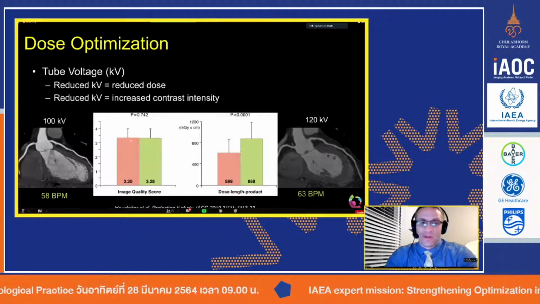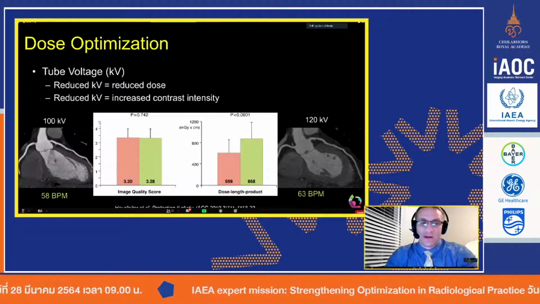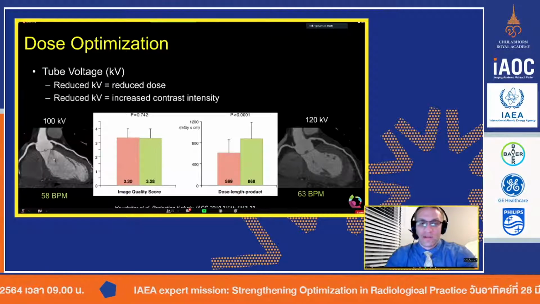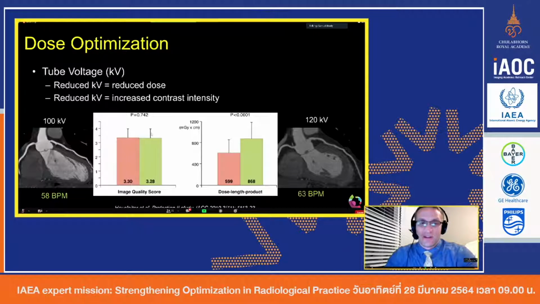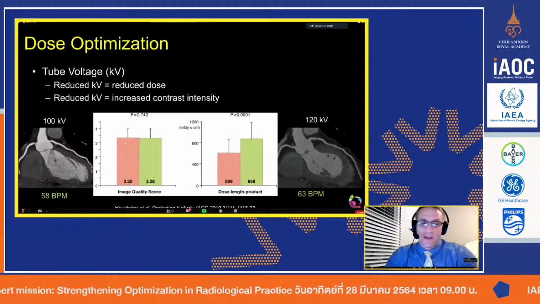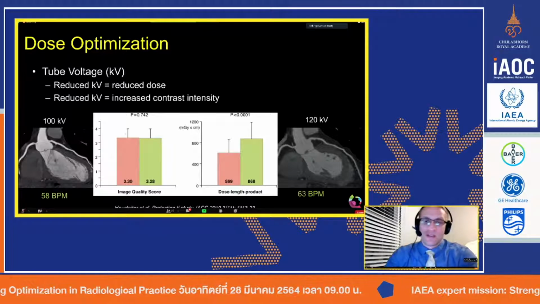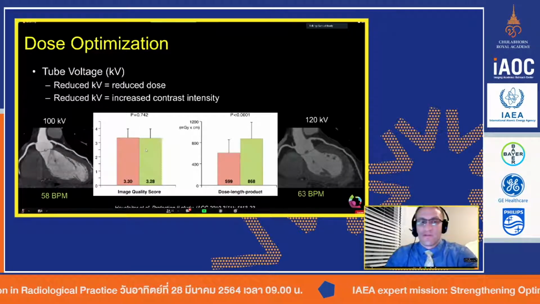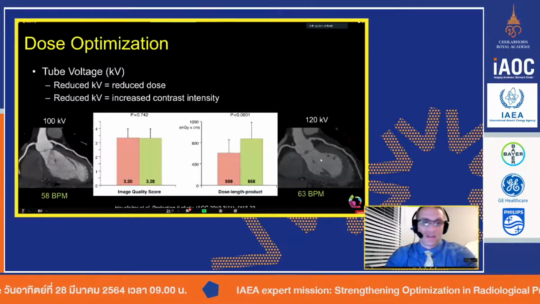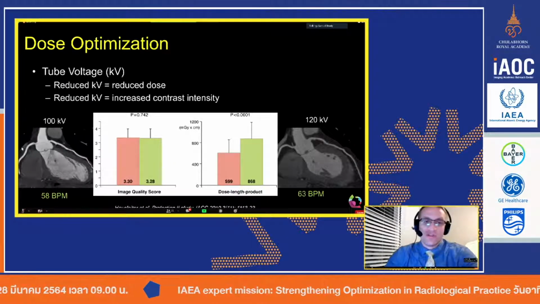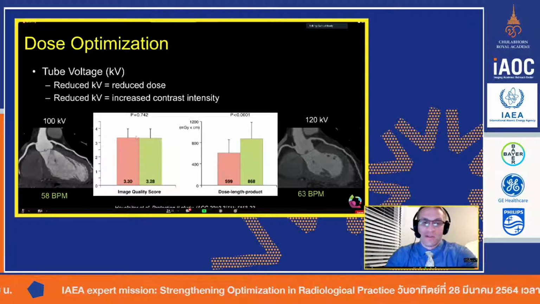So the radiologists looked at it, they had a 0 to 5 scale, and they were able to rate the quality of all of these images as a function of kV. And here you can see it's basically the same. In almost all cases, the radiologist said the image quality was sufficient at 100 kV. And therefore, we can go from, say, 120, which is going to be a little less contrasty, to 100 kV. And there was no effect in the overall ability to do the diagnostic test.